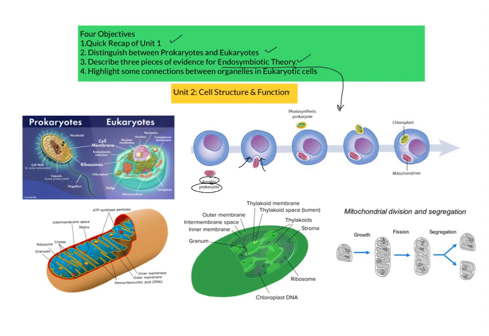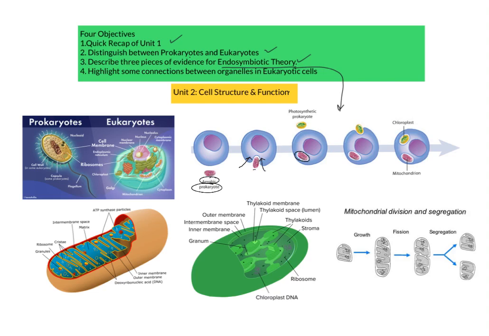As it engulfed that prokaryote, which had its own membrane at the time, now, because it was engulfed, it was surrounded by the membrane of the prokaryote that engulfed it, as we can see right here.